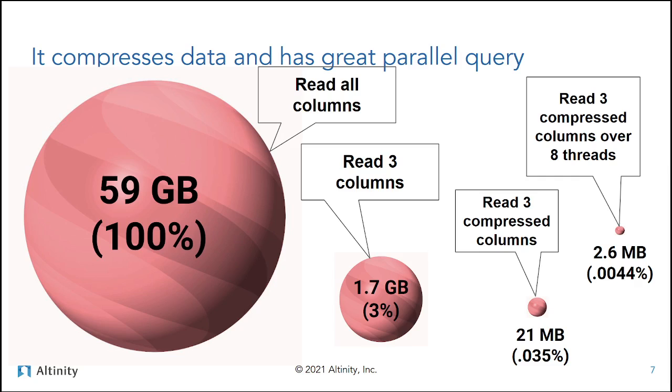So this kind of efficiency means that ClickHouse can answer questions that require us to scan sometimes trillions of rows, but it can answer them in many cases in less than a second. And it's because of the parallelism and the fact that we minimize the data we touch, and the data that we do touch is very, very small. So that's ClickHouse. I won't give you any more marketing information.